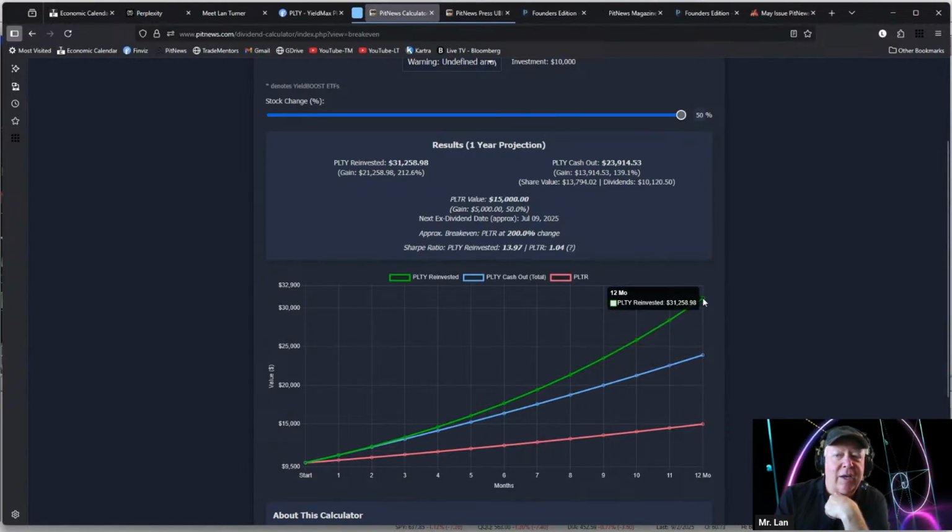And if you reinvest, this is based on DRIPping, which I'm not a fan of, PLTY DRIP is going to make a hell of a lot more money than PLTR all by itself. You can do the math. It's all done for you. I've created little mathematical models for you.